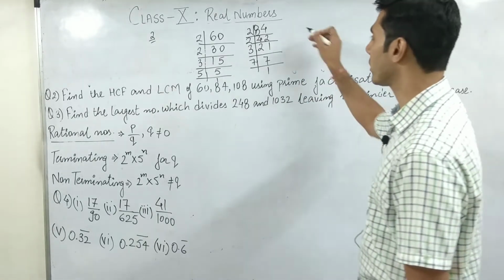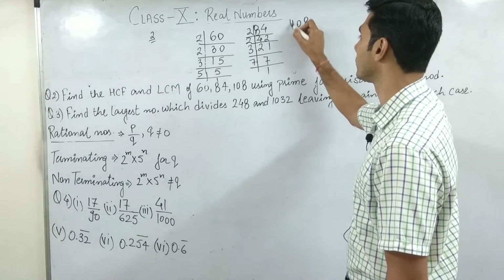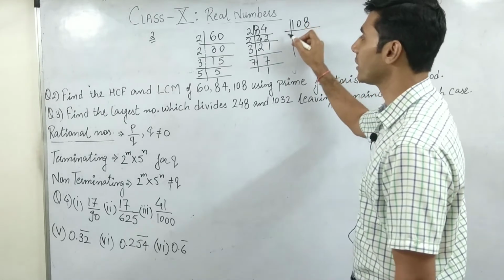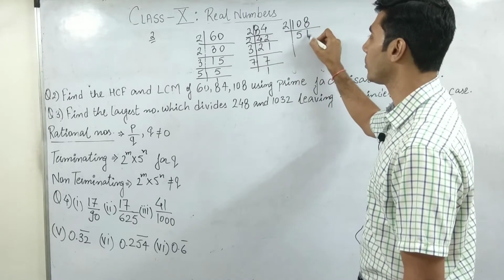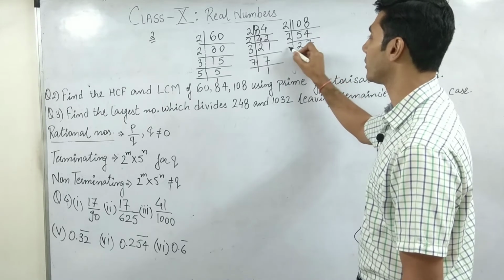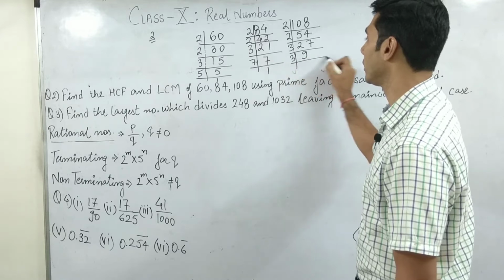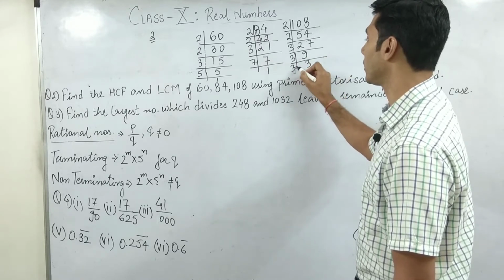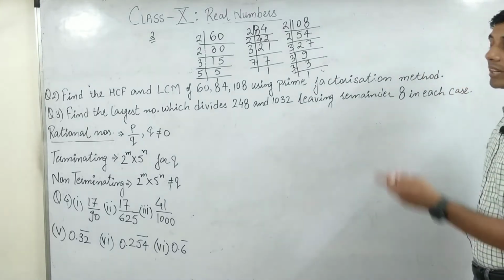Let's move on to 108. First of all 2 times 54, 2 times 27, 3 times 9, 3 times 3, 3 times 1. These were the 3 numbers.